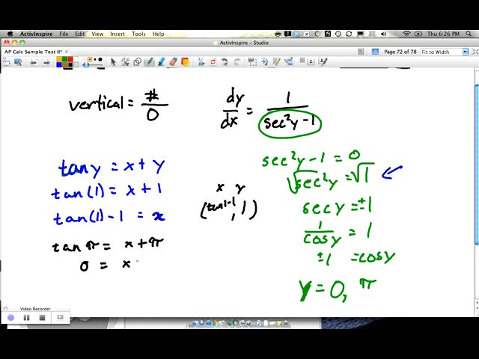Okay. So if x equals negative pi when y equals pi, the other place where we have a vertical tangent is when we have negative pi here and pi for our y. So here's our vertical tangents. Vertical tangents, yeah.